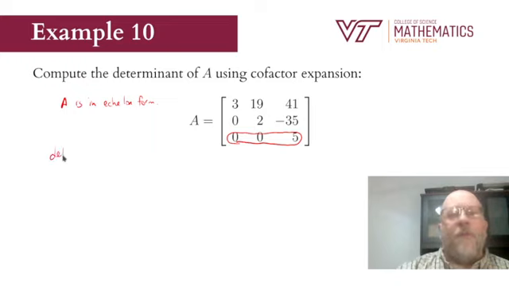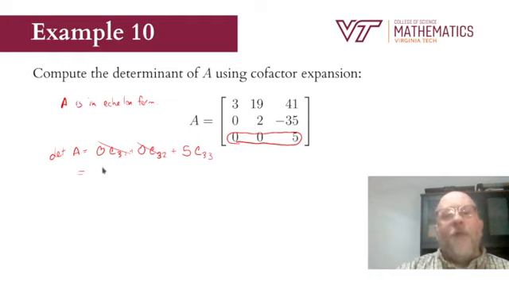And so the determinant of A is 0 times the cofactor in the 3, 1 position, plus 0 times the cofactor in the 3, 2 position, plus 5 times the cofactor in the 3, 3 position. And that's the only one I care about.